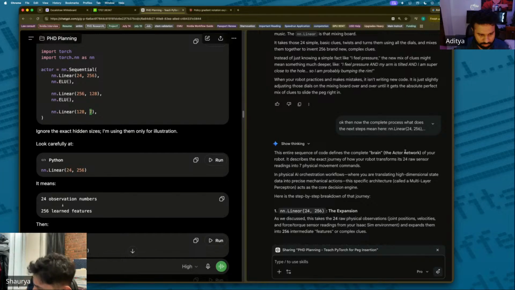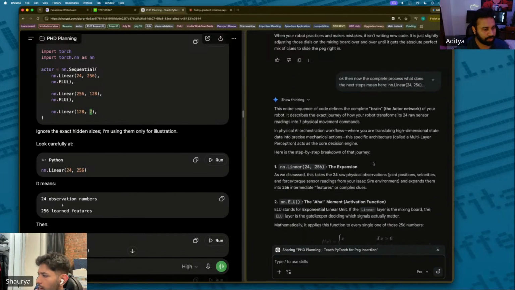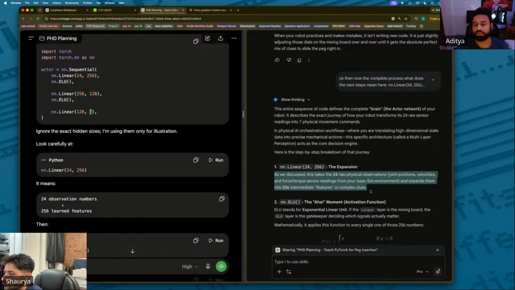Policy training. I get it. 256 intermediate features or complex clues. And in nn.ELU, the aha moment, the activation function. So ELU is an activation function.